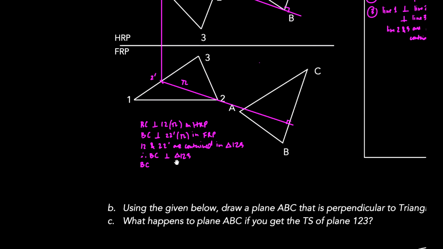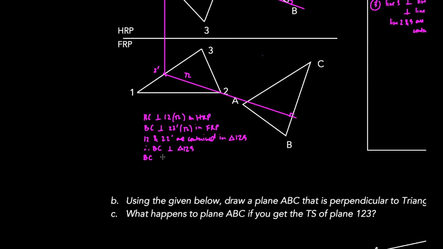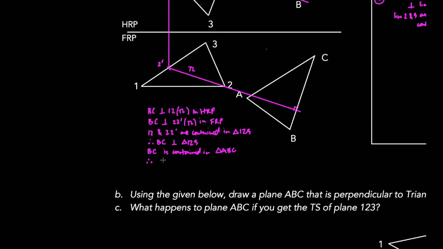Therefore, BC is perpendicular to 1, 2, 3. BC is contained in triangle ABC, and therefore, it should be logical that ABC is also perpendicular to triangle 1, 2, 3. Okay? So, does that make sense? Medyo mahaba yung proof natin, no?